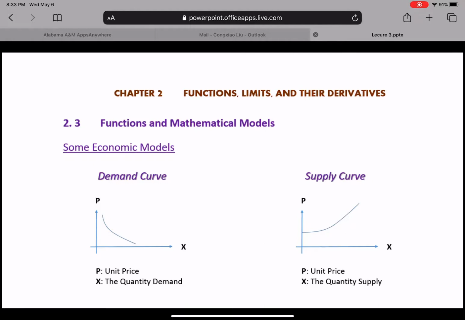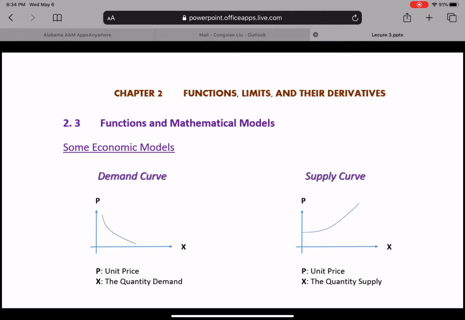Both curves are prices as functions of the quantity in the market. So in the two diagrams or two graphs, you're going to see two different curves. The x-axis is the quantity, and the y-axis or vertical axis is the unit price of the commodity.